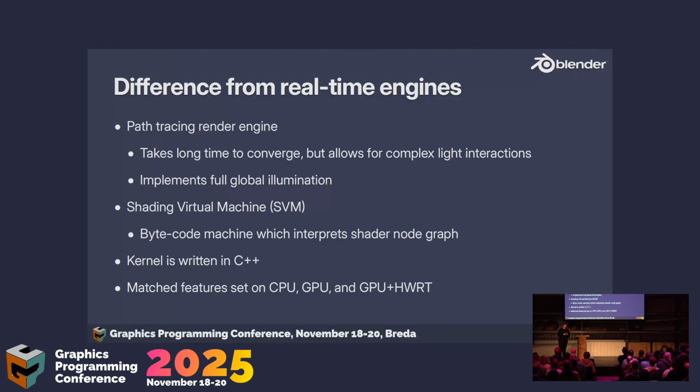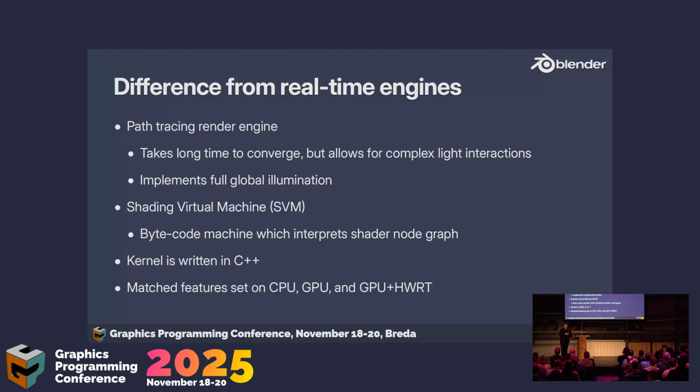So what's the main difference of Cycles from more real-time render engines? First of all, it's path tracing, which means it probably takes a long time to converge to a noise-free image. But at the same time, it allows for simulating quite complex light interaction or complex shading interaction. Another big difference is that Cycles implements what we call a shading virtual machine, which we will cover in more detail later in this talk, but it's basically a bytecode machine which interprets your shading graphs.